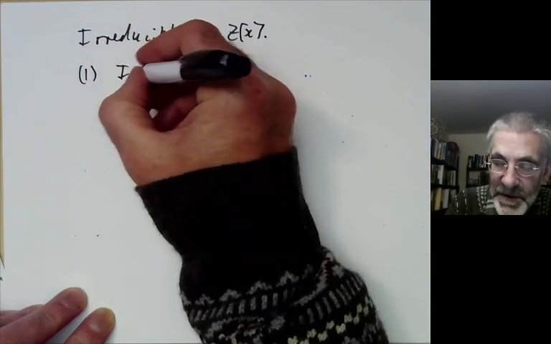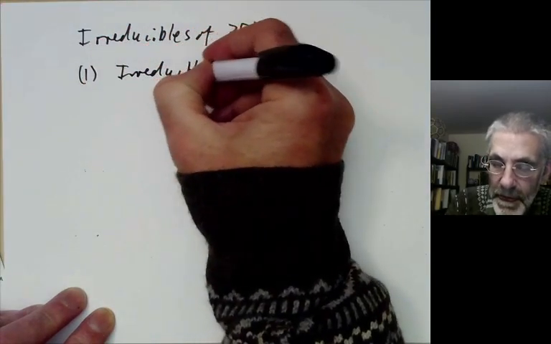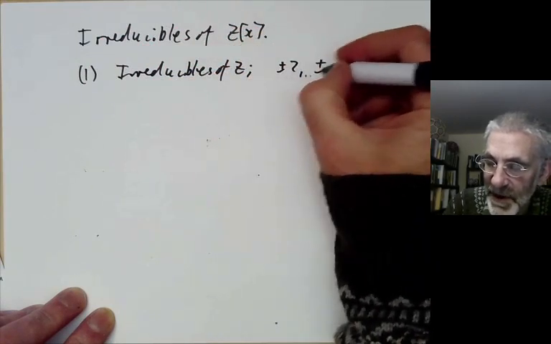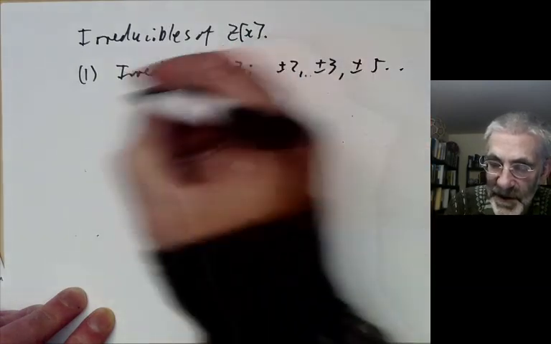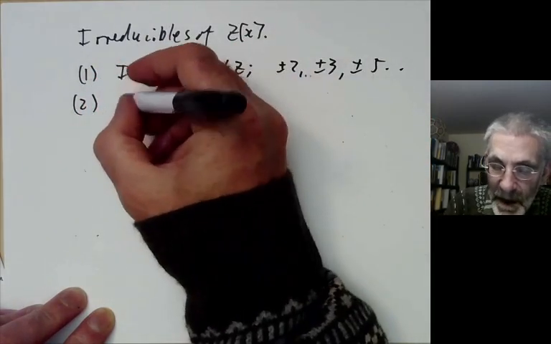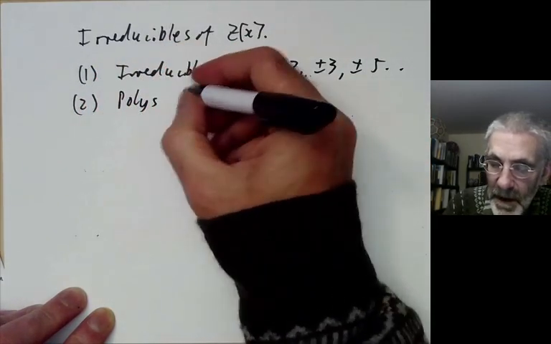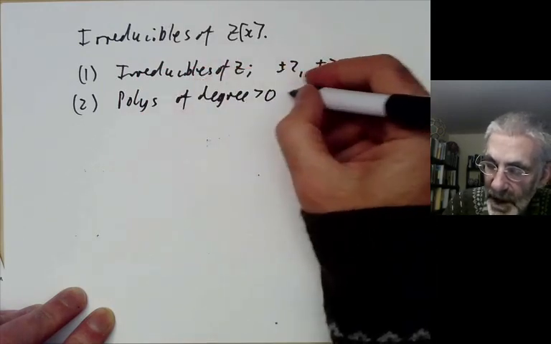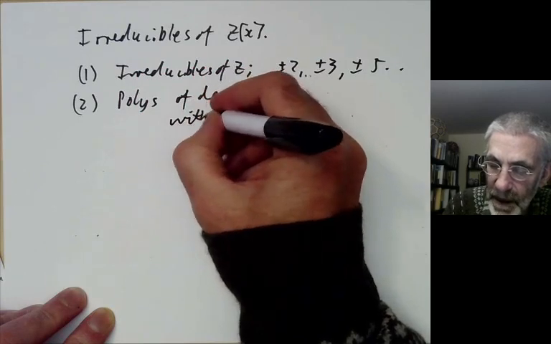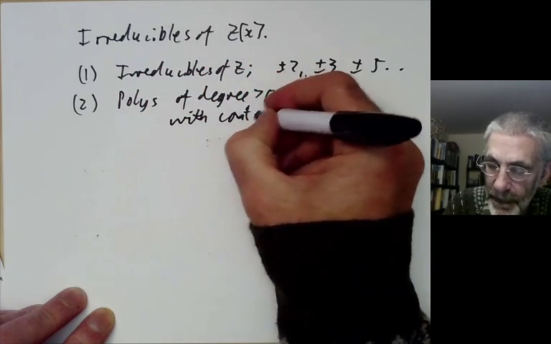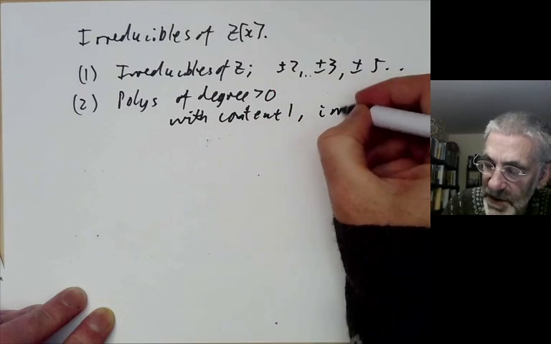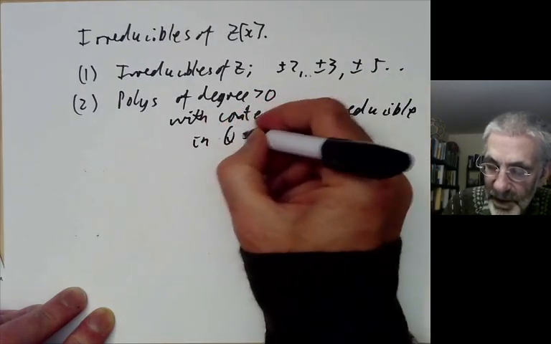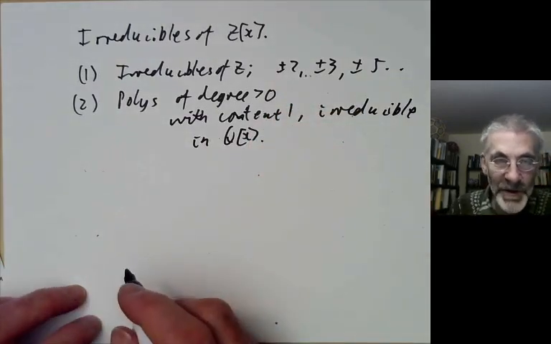First of all, irreducibles of Z, so we get plus or minus 2, plus or minus 3, plus or minus 5, and so on. And the second type are polynomials of degree greater than 0 with content 1 that are irreducible as polynomials over the rationals.